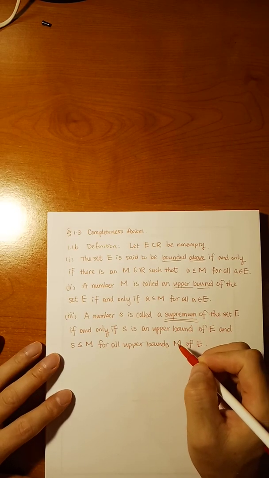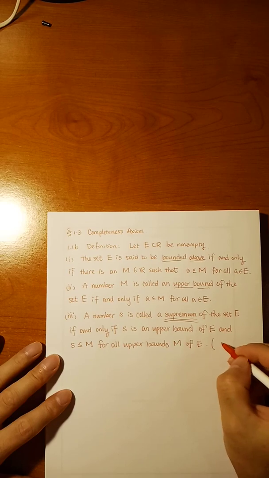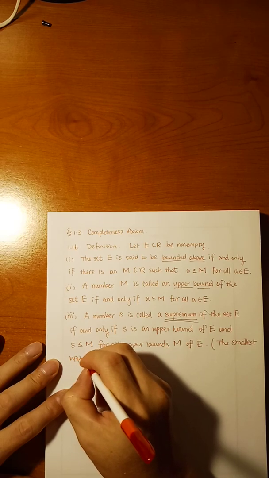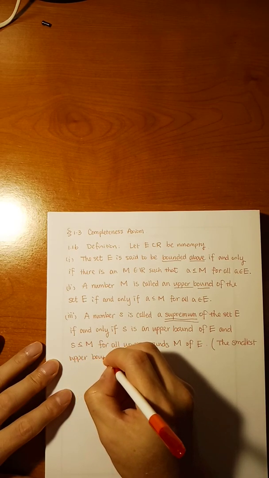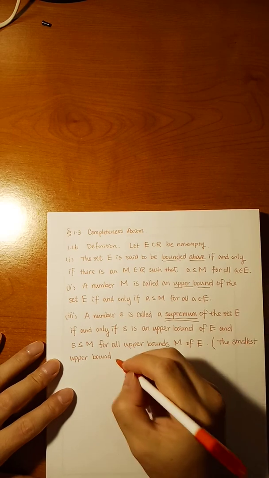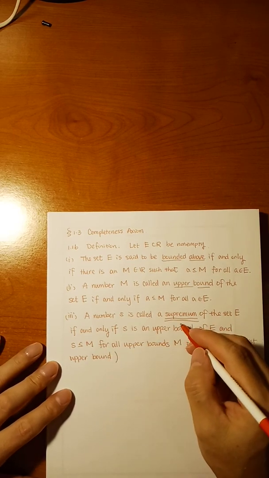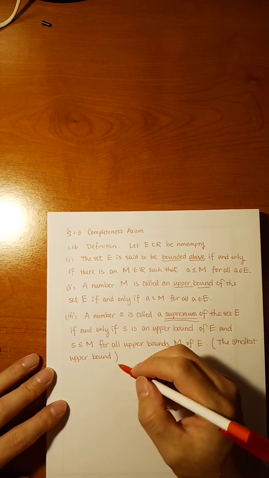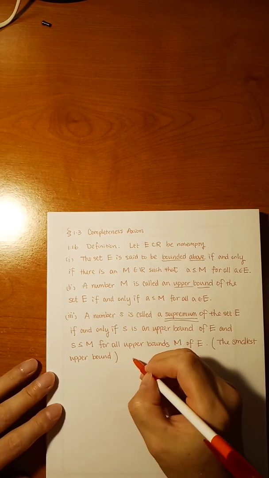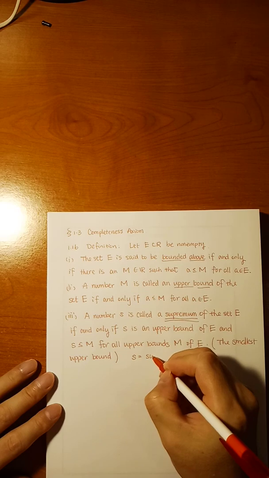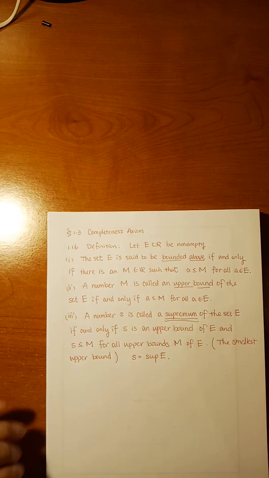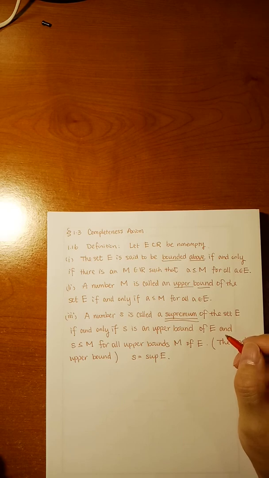Okay, the smallest upper bound. It's an upper bound, but it's the smallest one. Okay, and we write this as sup of E.